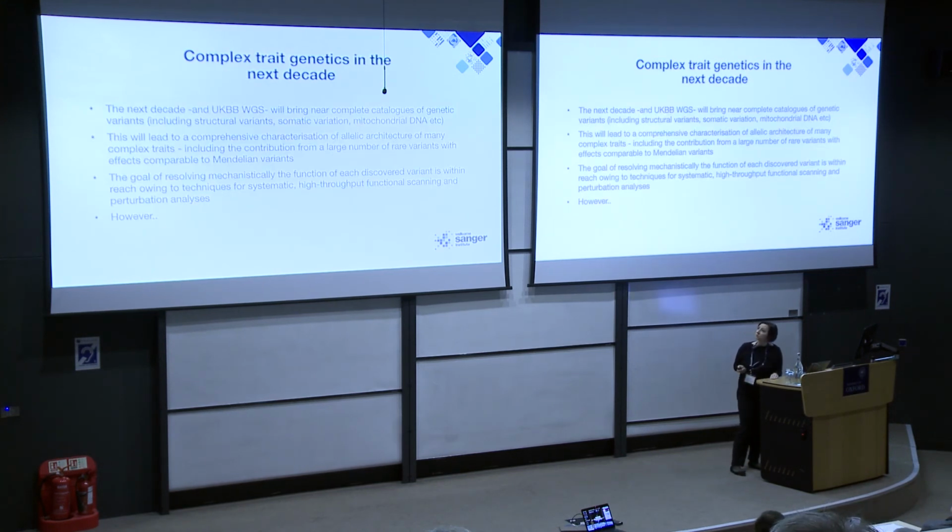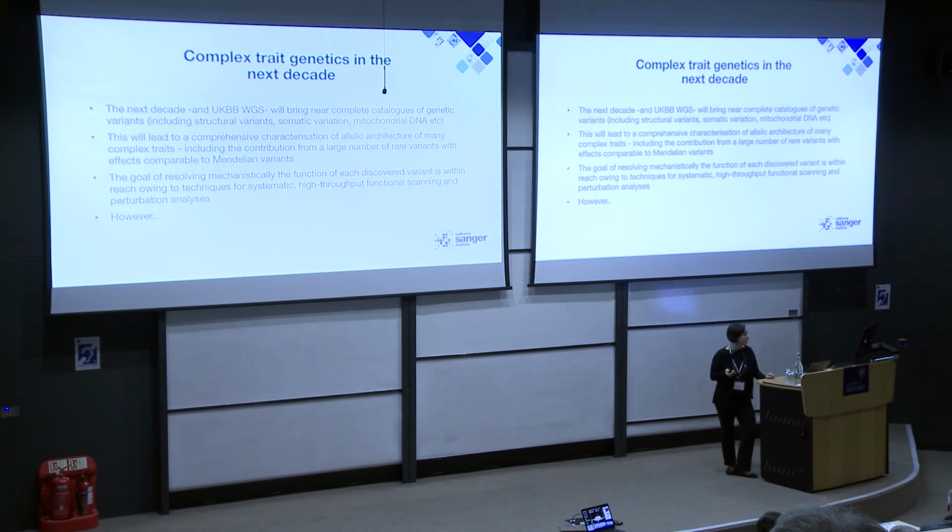So just to conclude, at least in our phenotypes, we're really at the stage where we have a near complete catalog of genetic variation and their effect in humans. We have a good idea of comprehensive characterization of the allelic architecture of these traits.